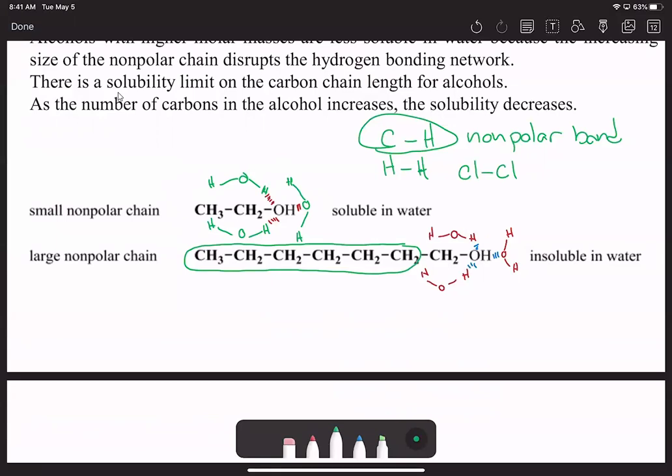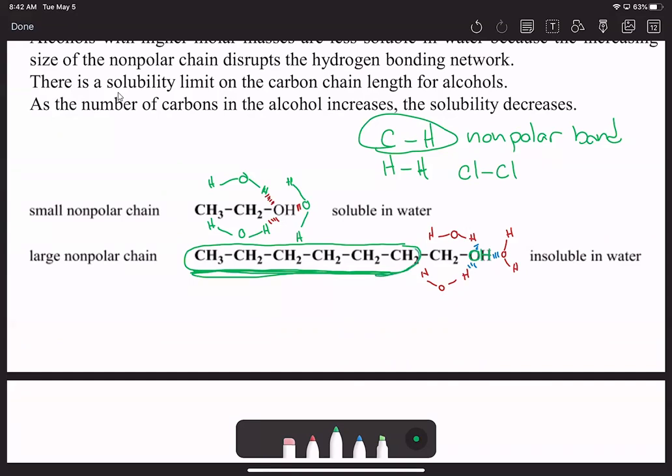It means there's no polarity there, which means that water has no attraction to any of these carbons or any of these hydrogens, and it will not make a hydrogen bond. The only portion that's going to get a hydrogen bond is this alcohol group here, and that's the only part that we're going to be able to surround with water.